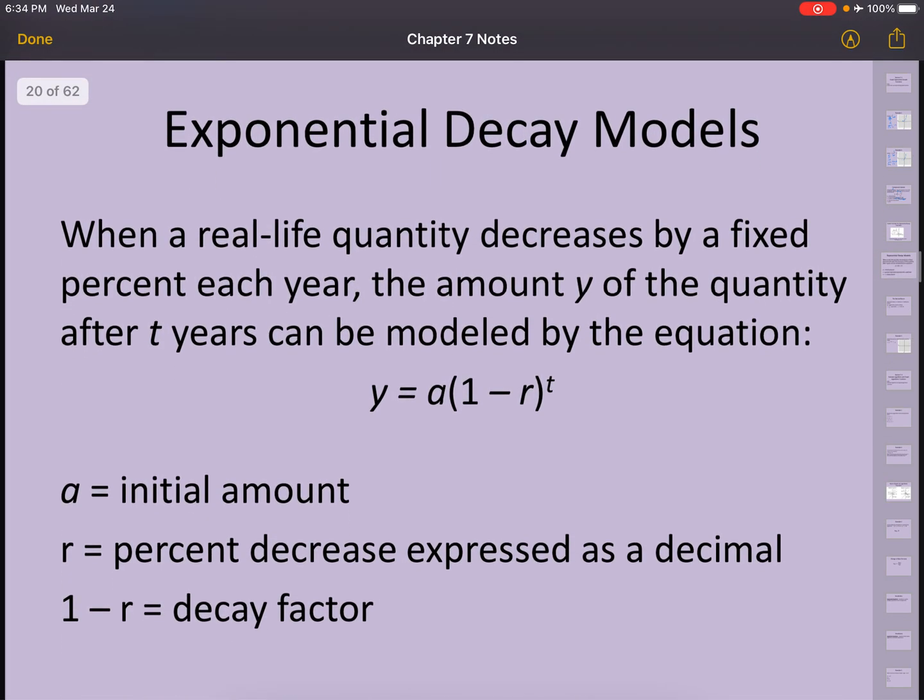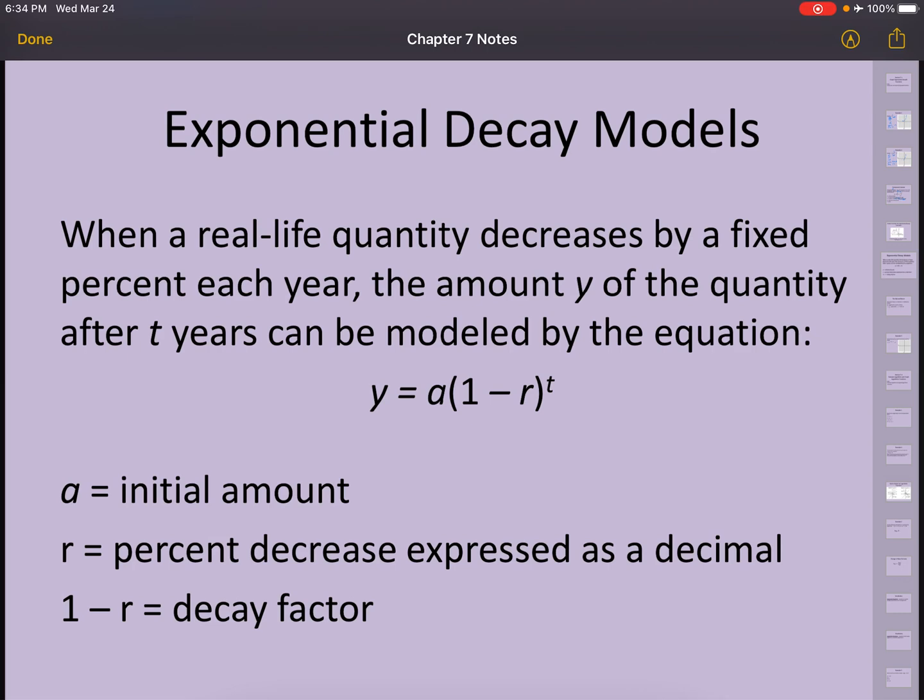And lastly, we're going to talk about exponential decay models. So when a real-life quantity decreases by a fixed percent each year, the amount y of the quantity after t years can be modeled by the equation here. So y equals a, and quantity 1 minus r with an exponent of t.